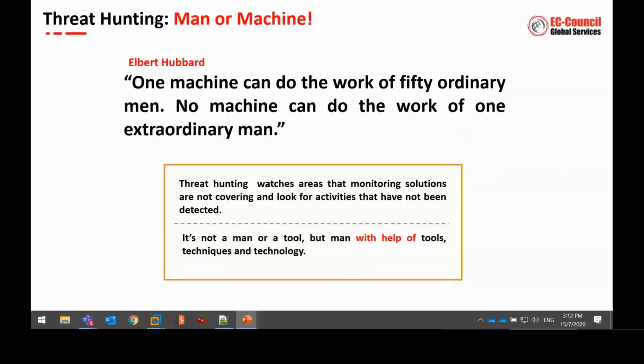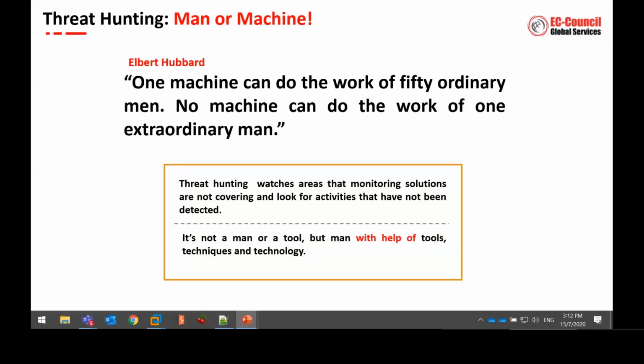Albert Hubbard is one of the guys I'm really in love with one of his quotes. He believes that one machine can do the work of 50 ordinary men, but no machine can do the work of one extraordinary man.